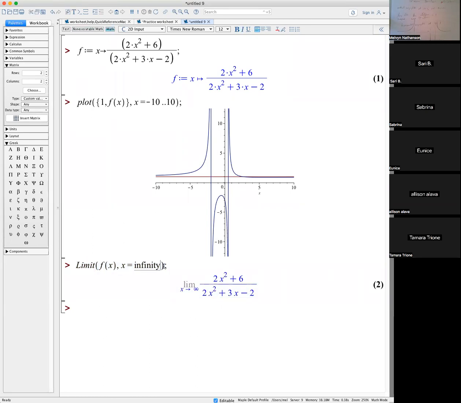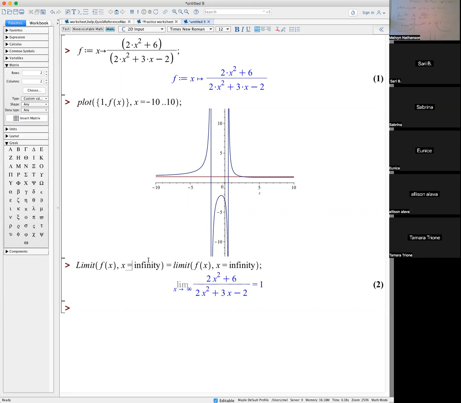In Maple, I write limit with a lowercase l. Equals. There we are. The limit is 1. So if you go to plus infinity, the limit is 1.